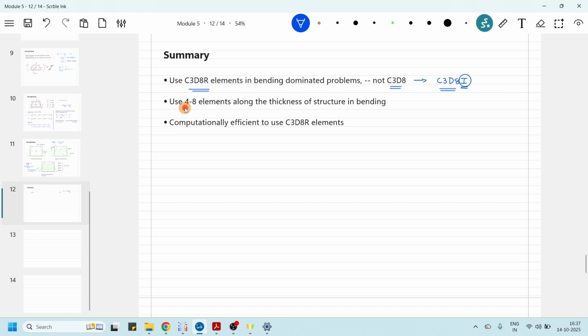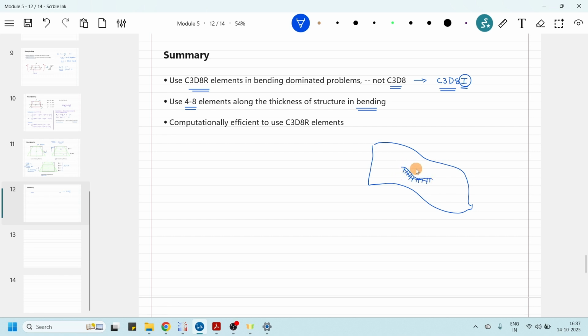The simple rule is to use a minimum of 4 to 8 elements along the thickness of a structure in bending. Now, in reality, there is not always pure bending in any structure. When we work with real structures, there is bending as we have shown earlier, but it will never be pure bending.